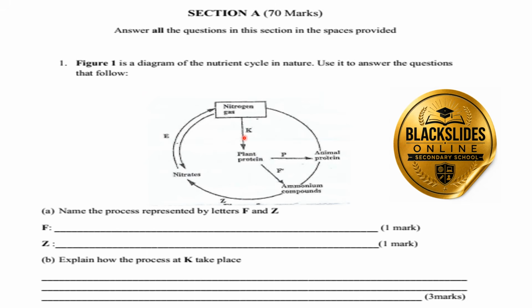The energy from the lightning breaks down the nitrogen gas molecules, enabling it to dissolve and enter the living world, which is the plants. So once inside the plants, it builds into proteins.